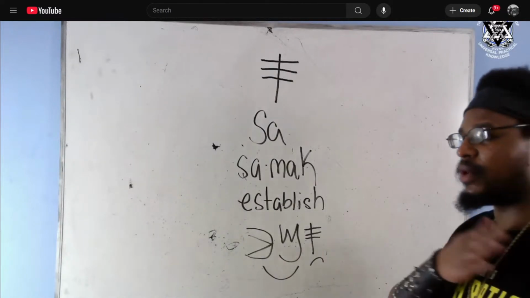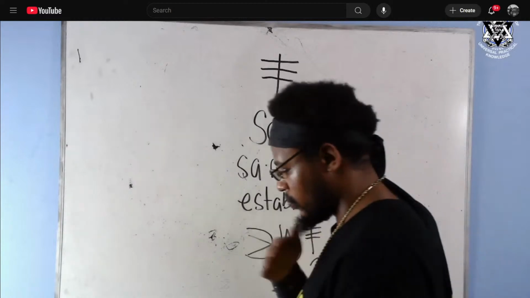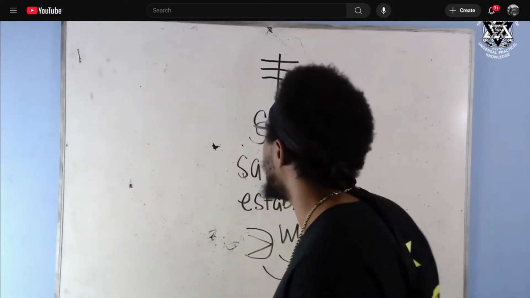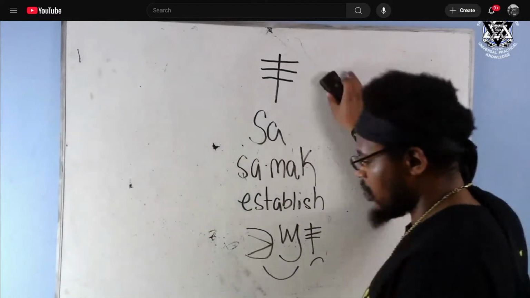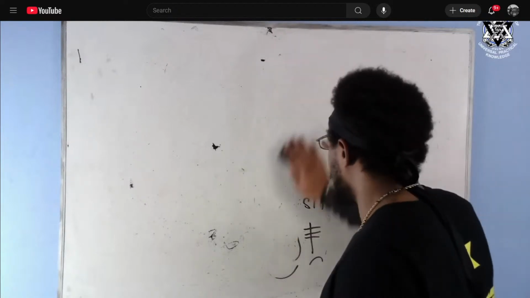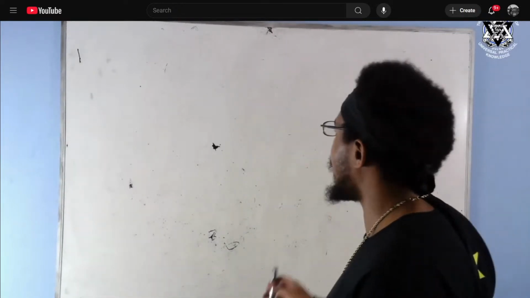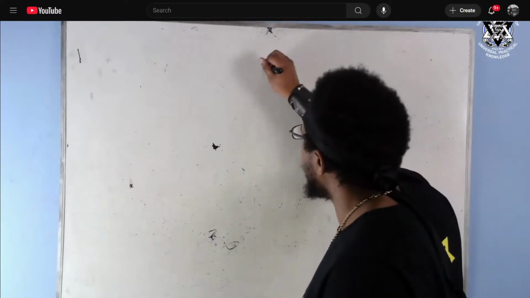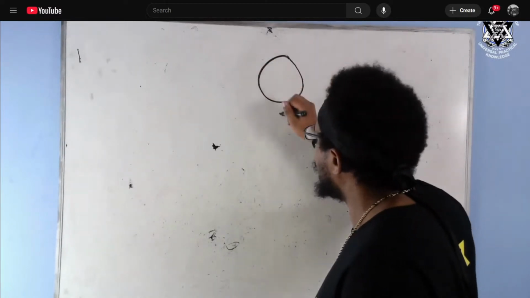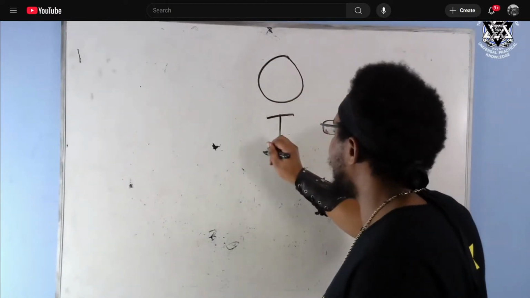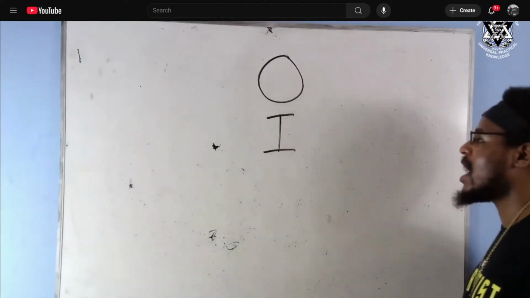So we're going to keep pressing forward. The next character we have is I. Now, this is the only character that doesn't have an I sound at the end.